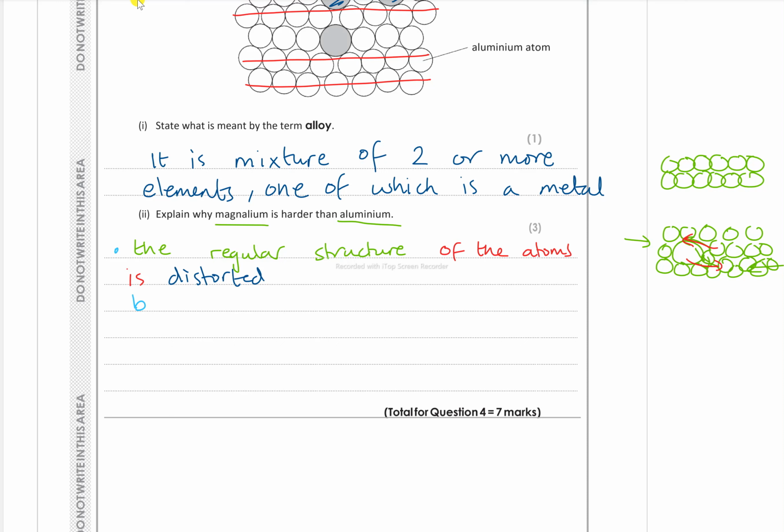Because I'm just splitting these up for you so you can learn them in sentences. Because the magnesium atoms are different size, or in this case larger than the aluminium, not aluminum as our American friends say, aluminium atoms.